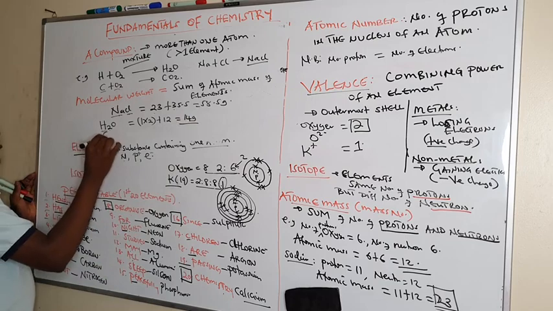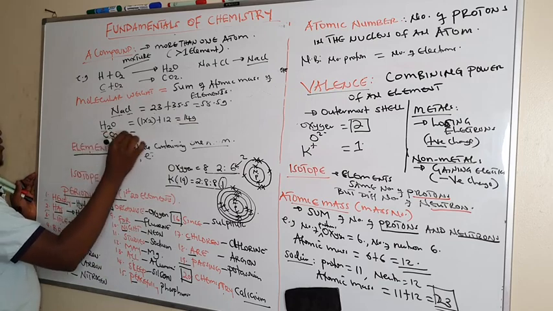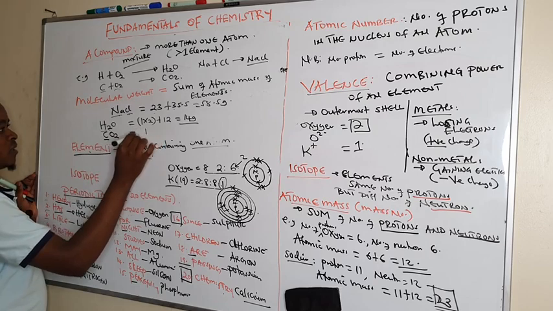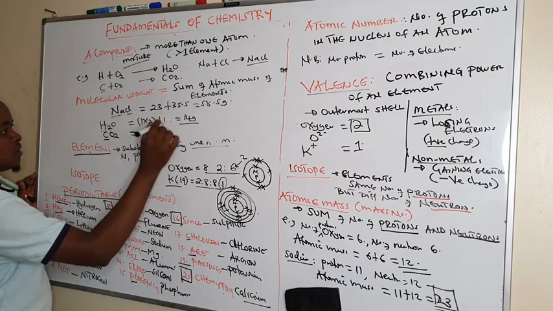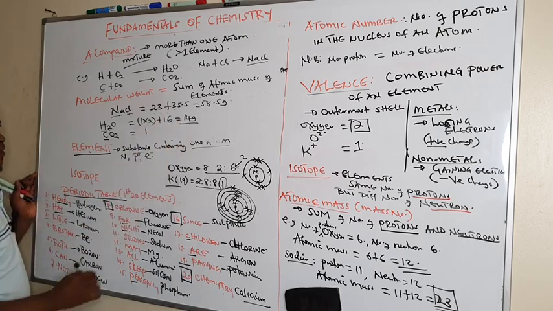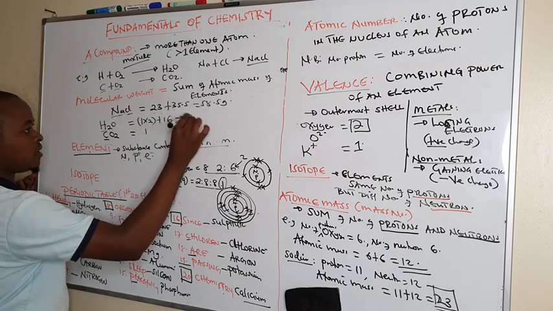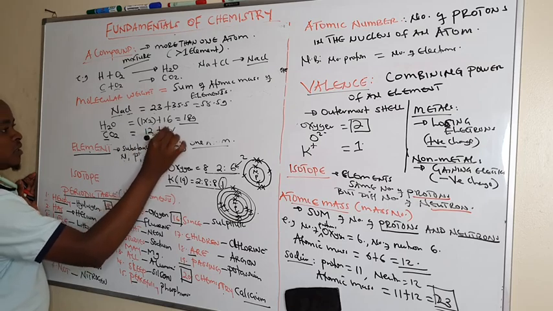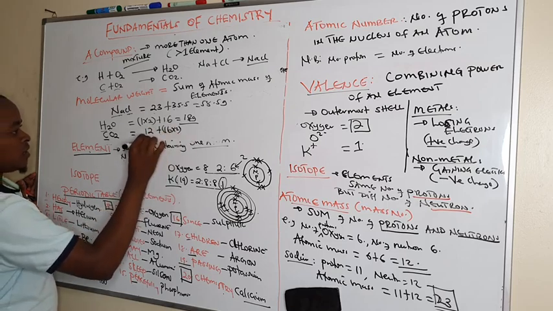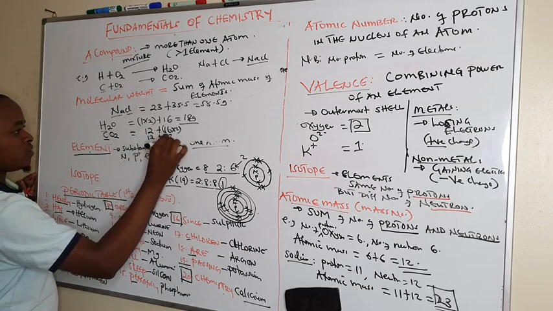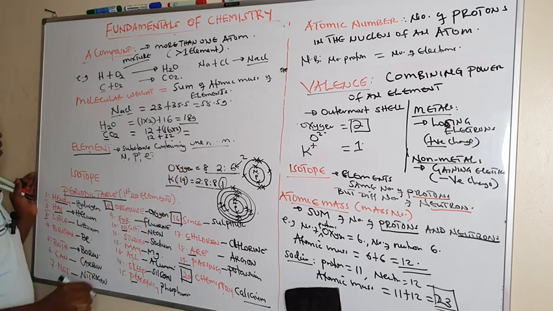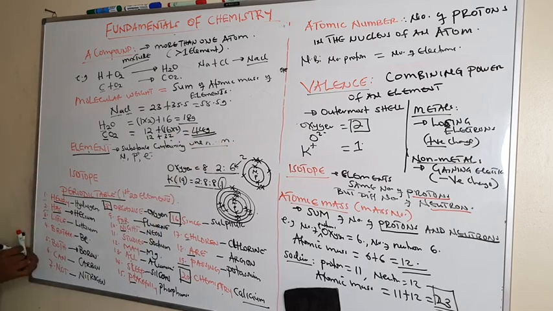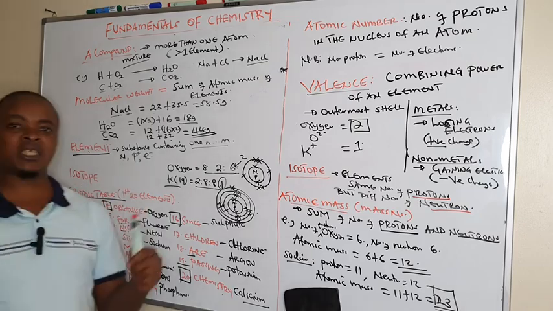If I want to calculate the molecular weight of carbon dioxide, carbon is 12, plus oxygen, which is 16 times 2, I get 12 plus 32, which ends up giving me 44. So this becomes its molecular weight. This is how we calculate the molecular weight of a substance.